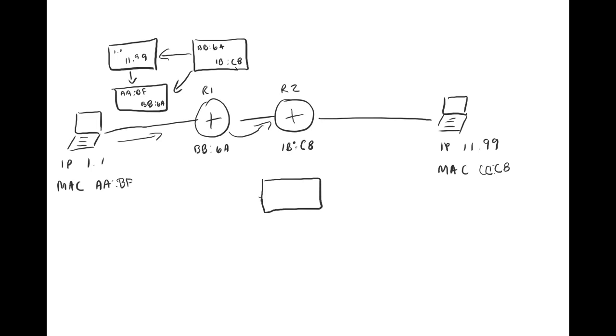Layer 3 is going to look at the IP address, which is going to stay the same. 1.1 is going to be the source, and 11.99 is going to be the destination. So it's going to read the IP address so it can find the best path, because this router might be connected to other routers, and it needs to know where this frame is going. Which network is it going to? Is it going to network A or network B? To figure this out, it's going to need the IP address and subnet mask.